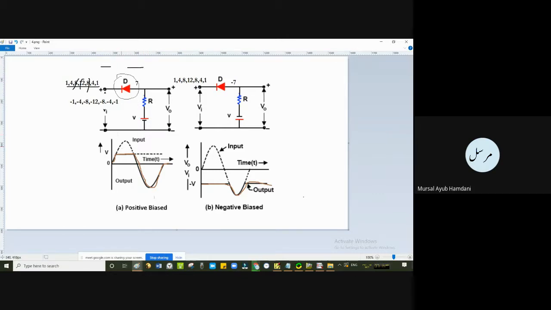Okay, and if it is an open circuit, that will mean we have no connection between the input and the output. So we have simply this voltage V, that is 7 volts, coming at the output, because then there will be no current and no drop in the resistance.